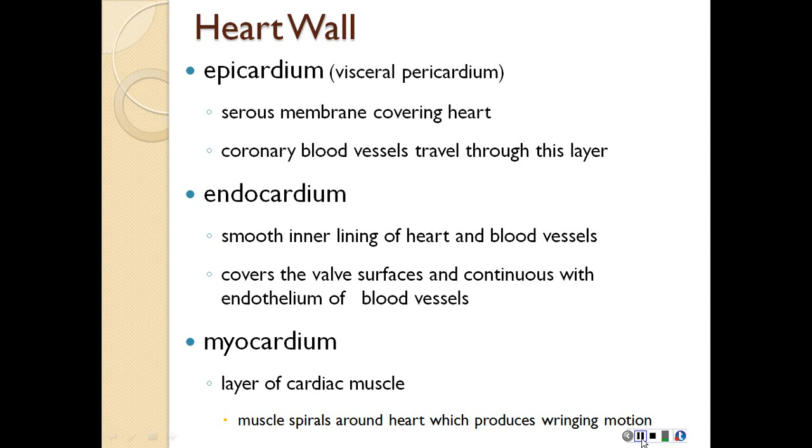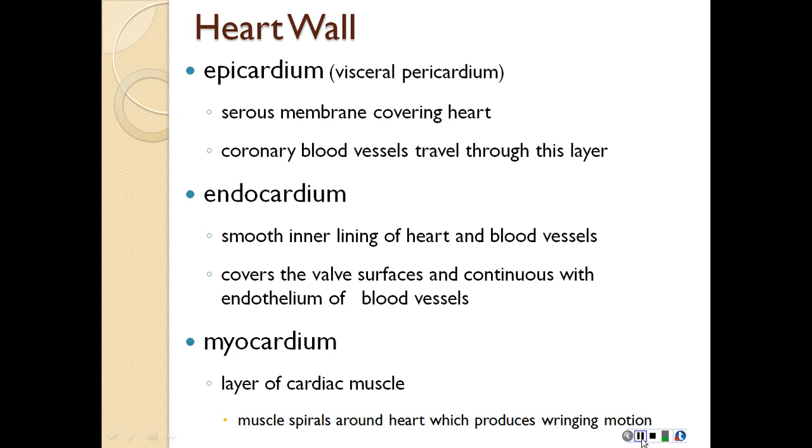And the endocardium also covers the valves surface and is continuous with the endothelium of blood vessels. So in the next chapter we'll talk about the layers of the blood vessels, but the inner layer of all blood vessels is made up of endothelium. That's just a single layer of epithelial cells.